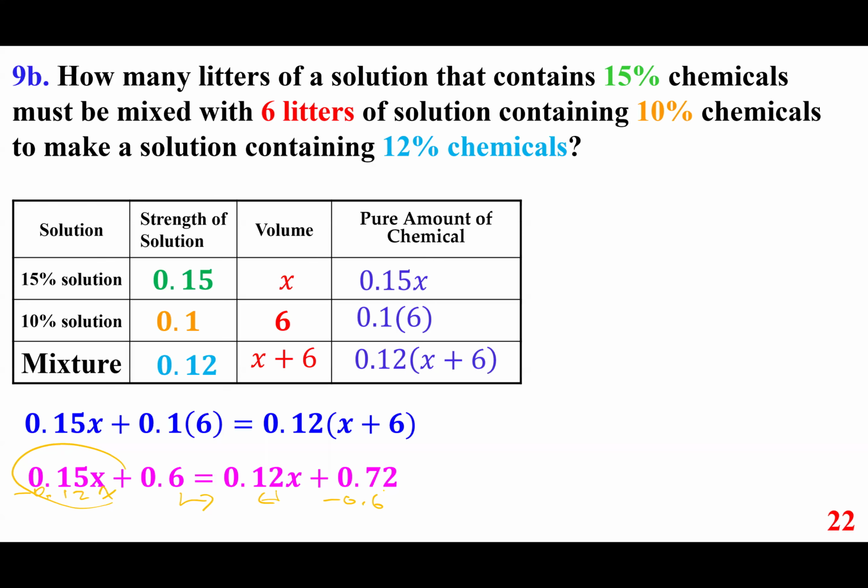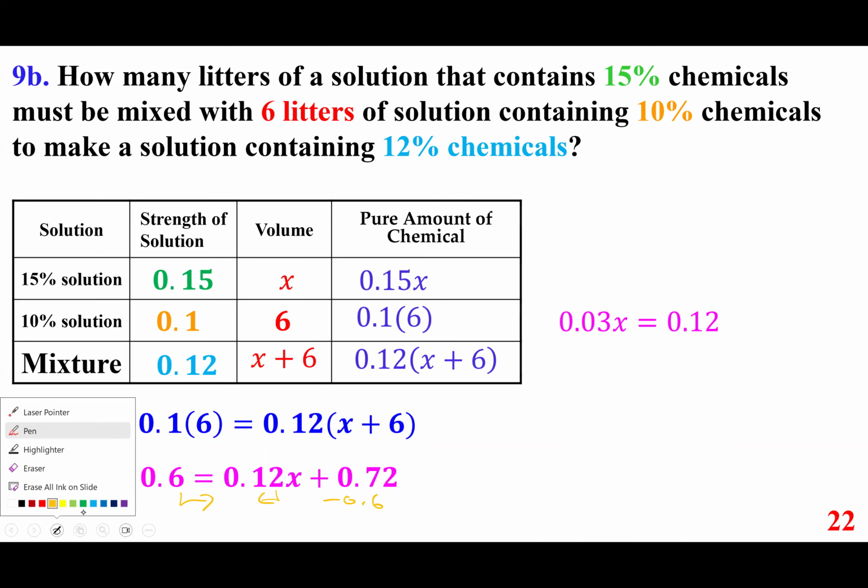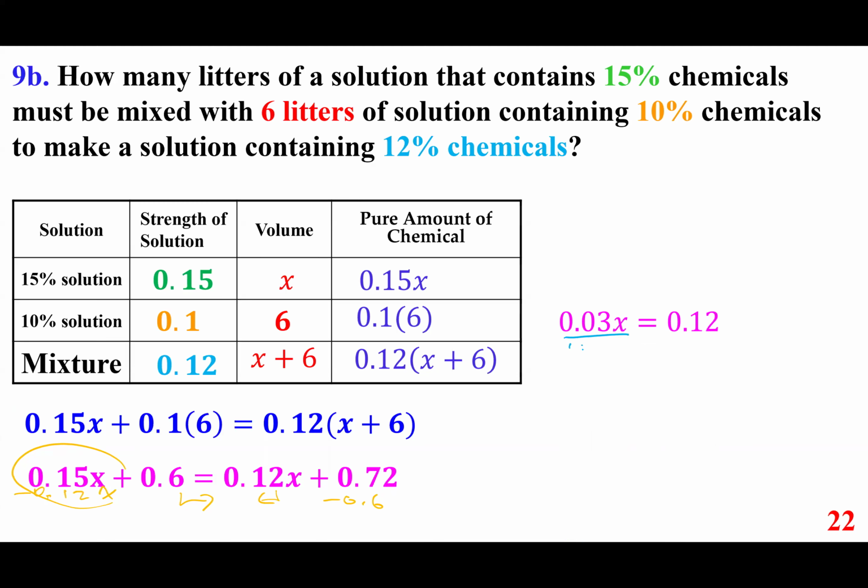We get 0.12. And we get 4, therefore 4 liters of 15% solution. That's pretty straightforward, everybody. So I hope everybody's okay with that.